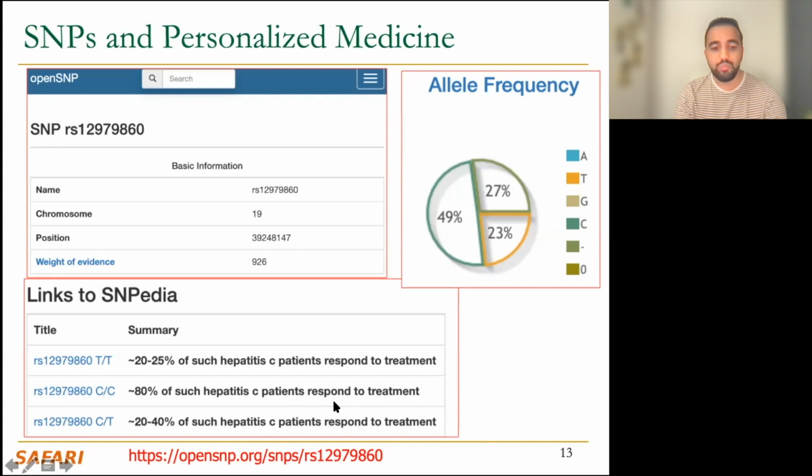But then if you have a C and T in that location, one coming from the mother, one coming from the father, then the probability of getting better or responding to treatment becomes less than if you have C and C, for example. And based on this information, you can do personalized medicine or prescribe some medication or some treatment that is well suited to the individual based on their genetic sequences.